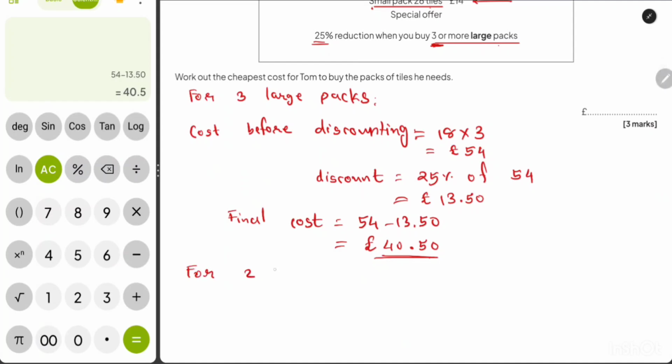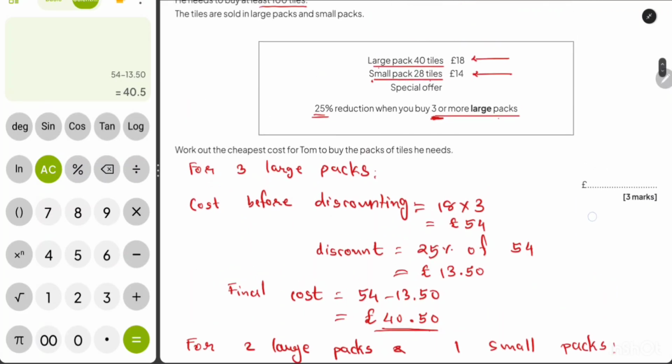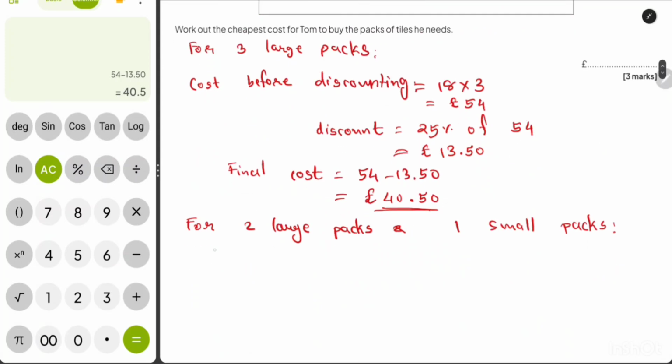So for 2 large packs and 1 small pack: in 2 large packs he'll get 80 tiles, and 28 tiles more. So 80 plus 28, 108 tiles. So at least 100 he already has. So now this is the final cost only, because no discounting will be there.